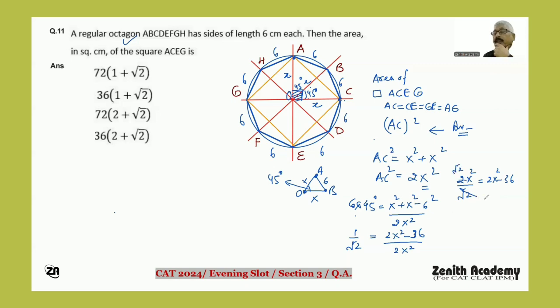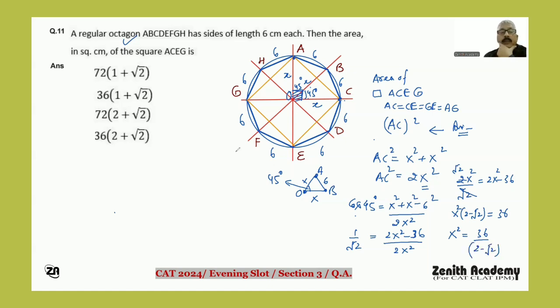So finally it is x square (2 minus root 2) is equal to 36. 2x square minus root 2 x square, taking x square common. So x square is coming 36 upon (2 minus root 2).